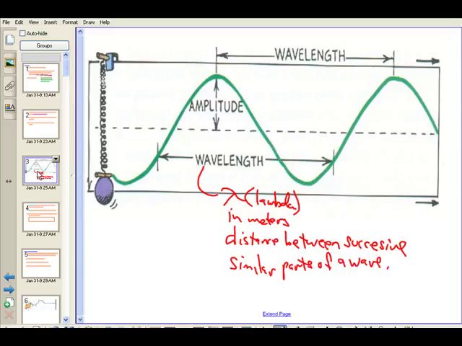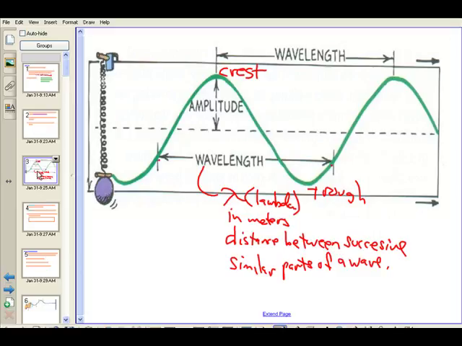Similar successive parts of a wave. In other words, they show you here, like here, they go from a crest to the next crest. We could go from a trough, which is this low point, to the next trough. Notice they picked this point, and they picked the next time it got to that point down there is a wavelength. So successive wavelengths.